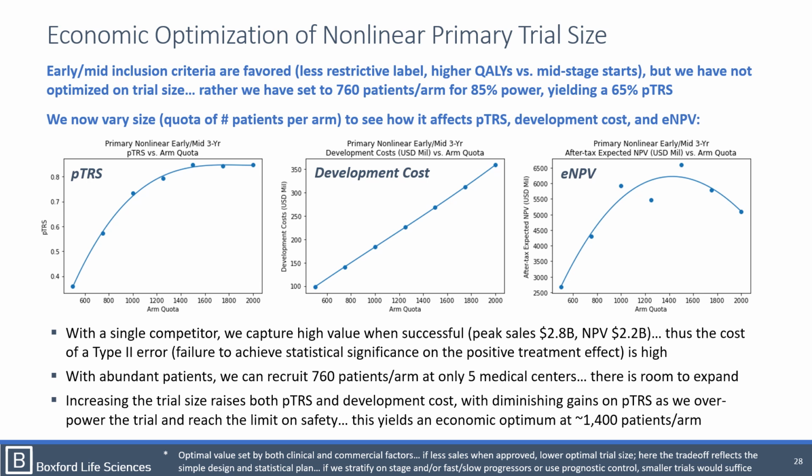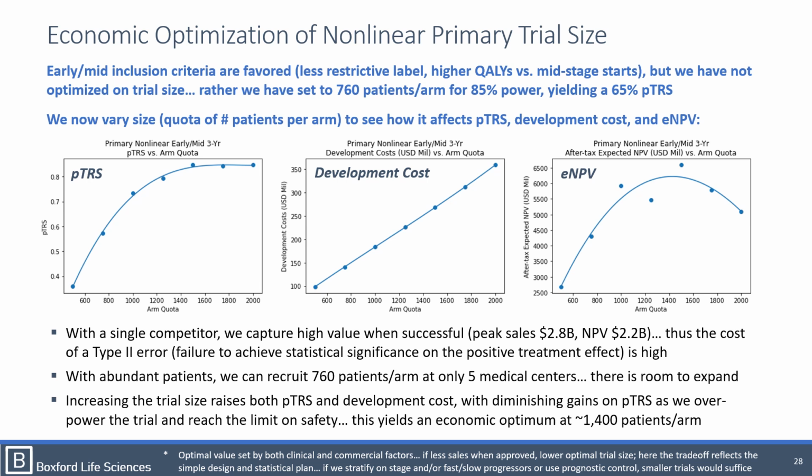But you can also use this approach in order to optimize things like the size of the trial, so the arm quota, and see how I change those parameters that can have many different values, and see what the design is that optimizes the economics here, expected net present value, at least within the range that we assume is going to be needed on clinical or regulatory reasons.